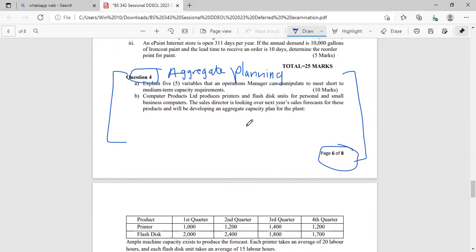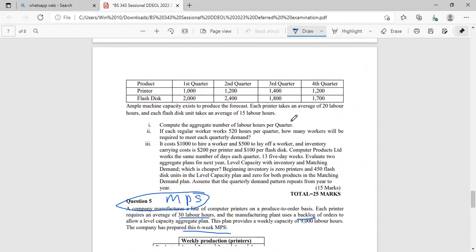Then we have this question here, which is on aggregate planning. It says Computer Products produces printers and flash disk units for personal and small businesses. The sales director is looking over next year's sales forecast for these products and will be drawing up an aggregate plan for the plant.